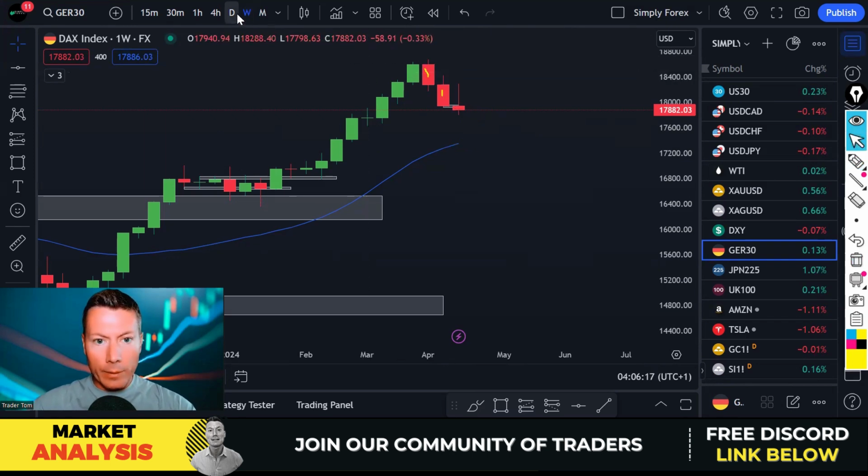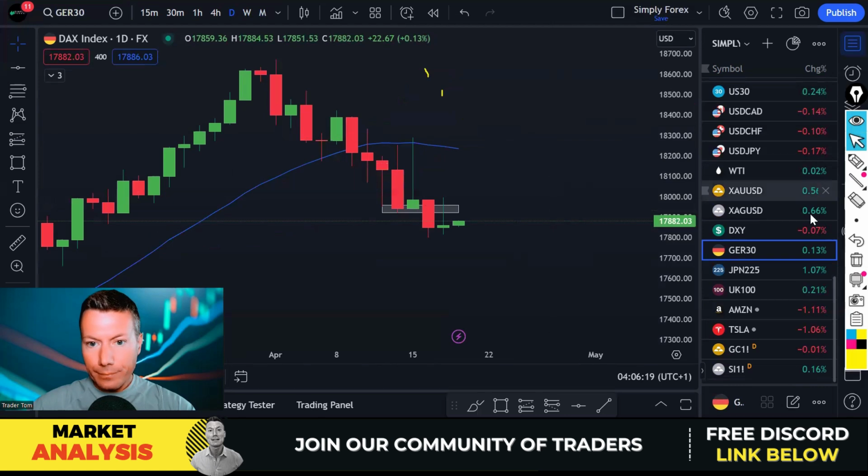If we go back to the day chart, these candles are telling us, look at these wicks. And then look at these bearish candles. Everything's telling us it could come lower. And I just pick the next psychological level, maybe this 17,700 or 17,600. Okay, so the DAX, we like the DAX.